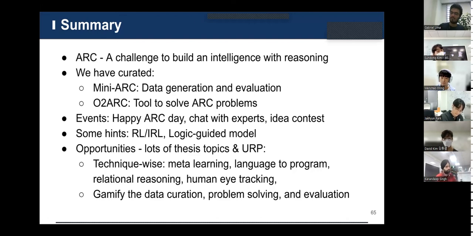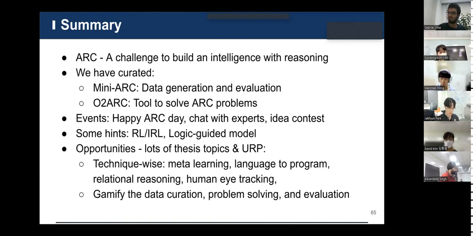And for someone who is interested in this project, we actually have a lot of opportunities. There are many thesis topics. Technical wise, you can design a meta learning algorithm to pick what kinds of primitives you need when you see new examples.